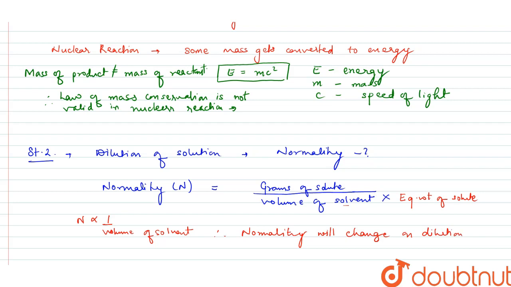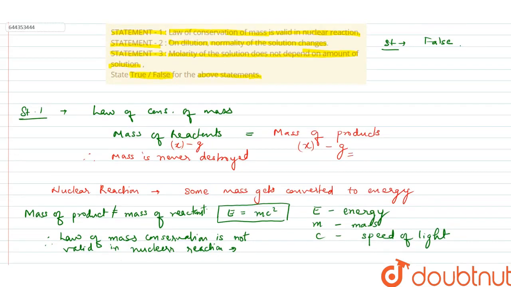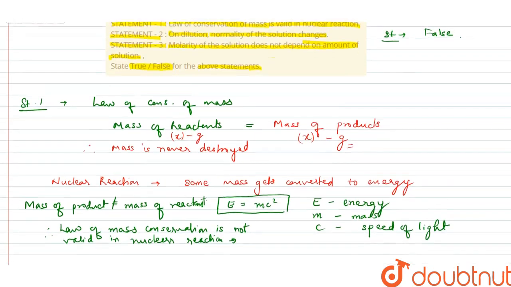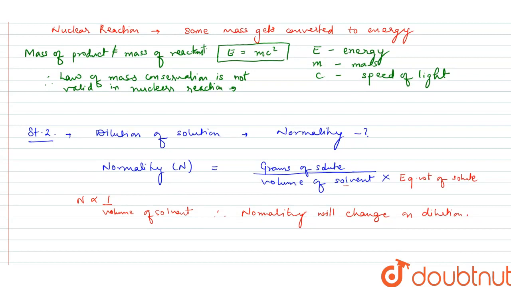Dilution means increasing the amount of solvent. So normality will change on increasing the amount of solvent, because per unit volume the weight of solute will decrease. So statement 2, on dilution normality of solution changes, is true.